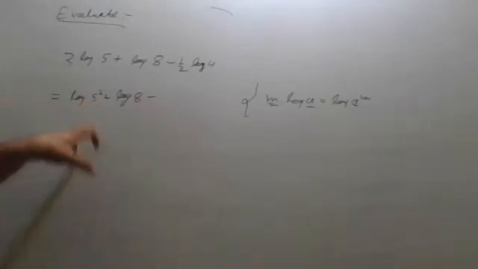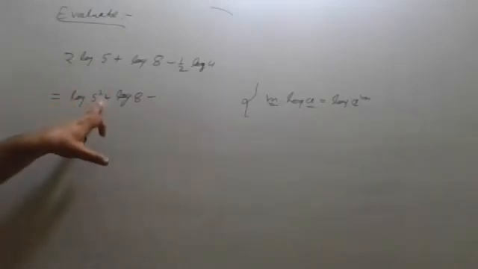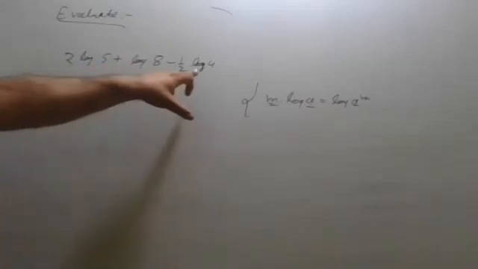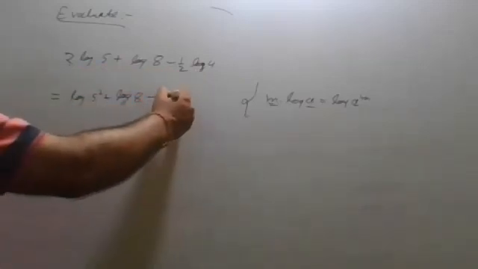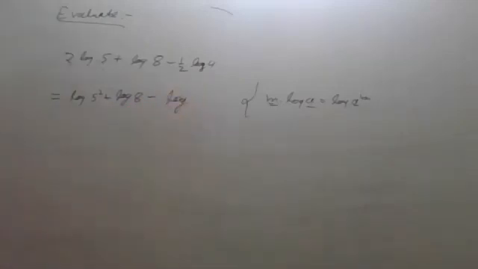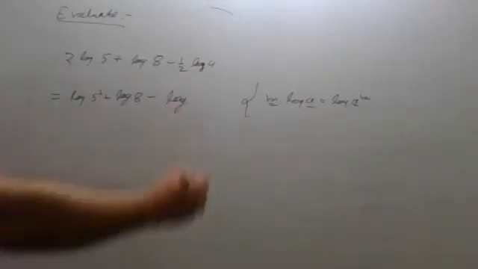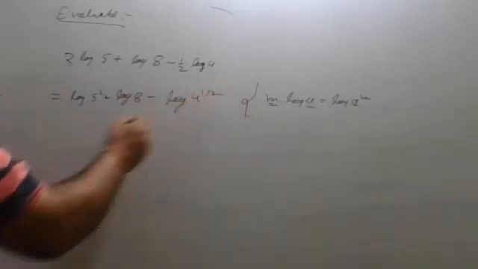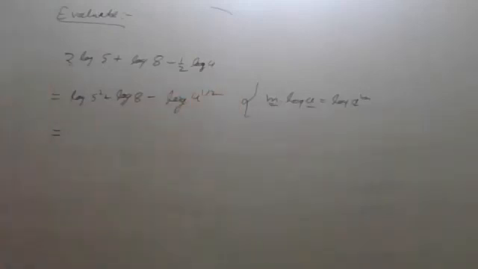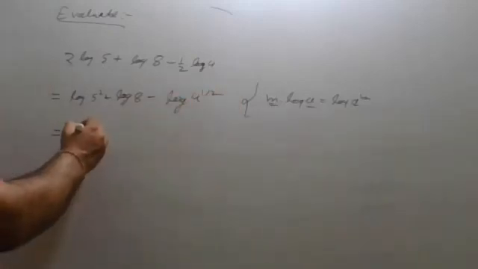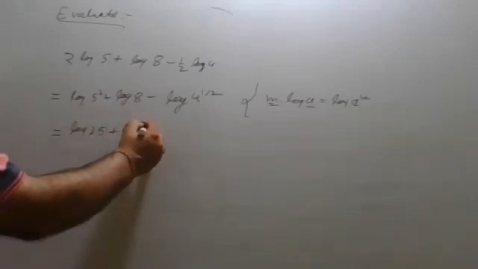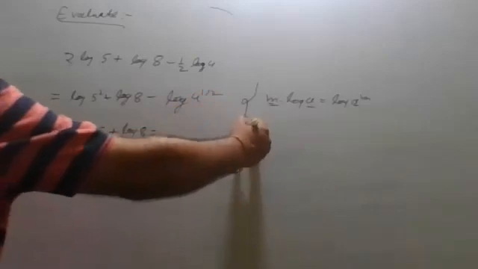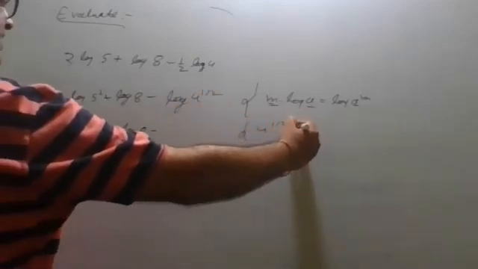Is that clear to everyone? 2 log 5 is written as log 5 square plus log 8 minus this log 4 to the power 1 by 2. So 5 square is log 25 plus log 8 minus 4 to the power half, which means square root of 4.